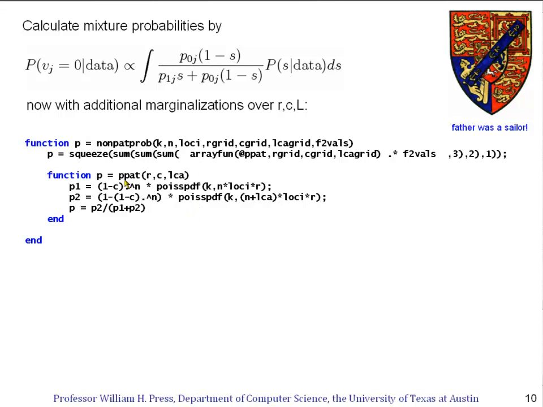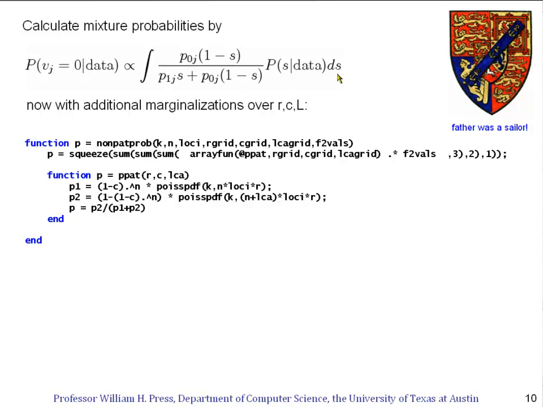Here what we do with this inner function p pat is we apply it across the entire grid of R, C, and LCA values. That gives a grid of all of these things. We multiply it by the analog of the probability of S given the data.